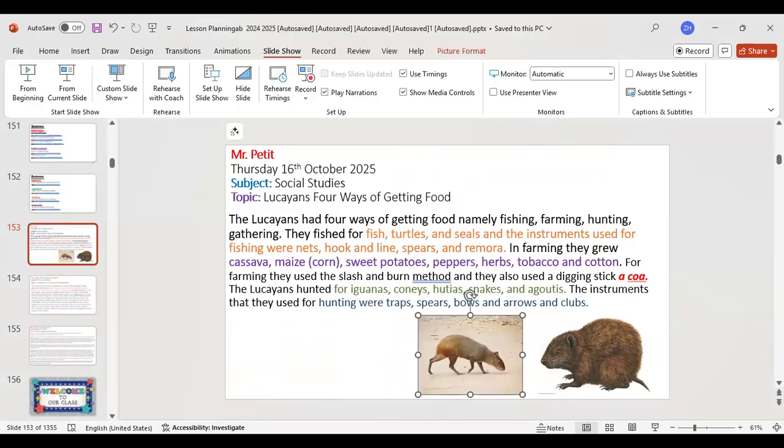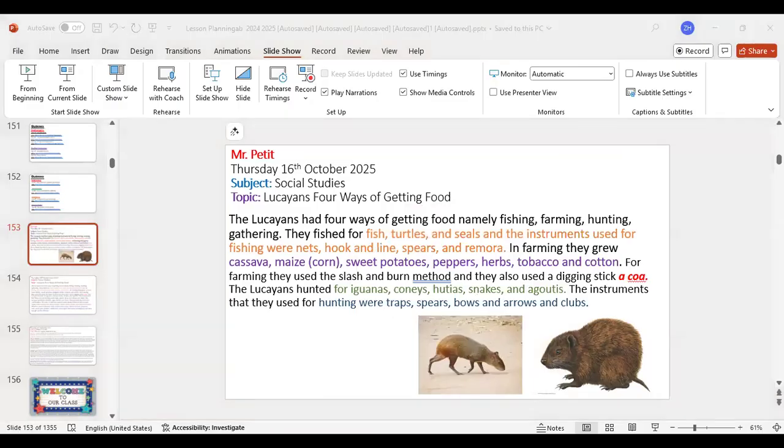Excuse me, Mr. Petit, go ahead. They still have these things around, by the way. And the best part about it is it's the most friendly animal.